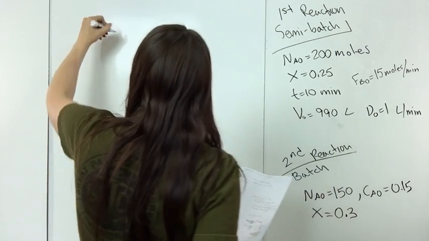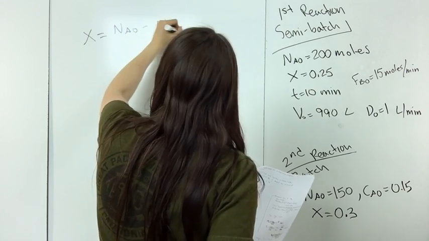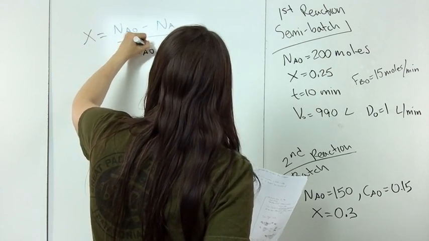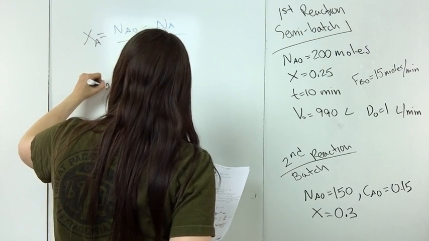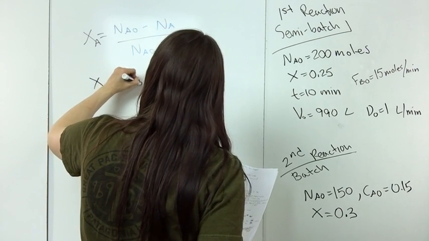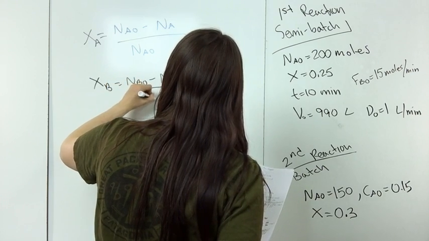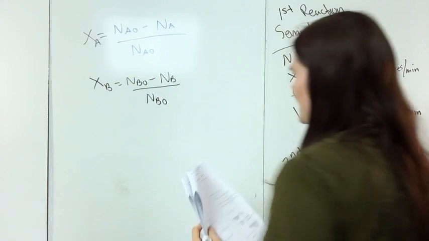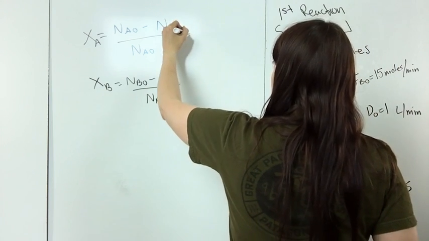So this would be Na naught minus Na over Na naught. This is Xa, and Xb is equal to Nb naught minus Nb over Nb naught. So we know what Na naught is because it's given, so this is 200.